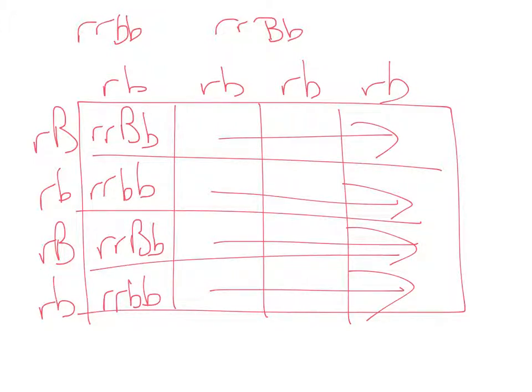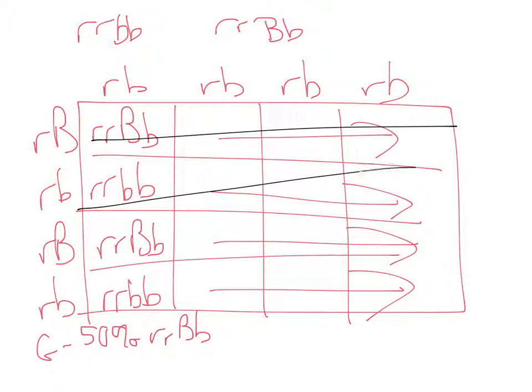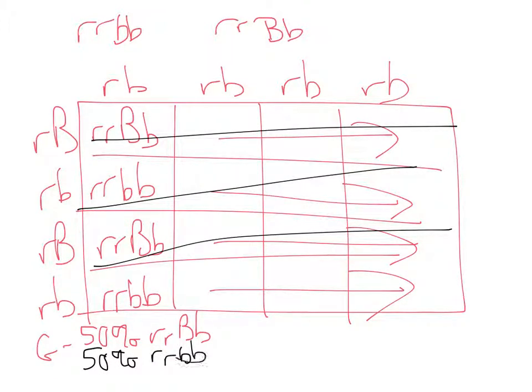So, first question was genotype. There are 2 genotypes. 50% little r, big B, little b, because that is all of these. And then 50% little r, little b, and that's those.